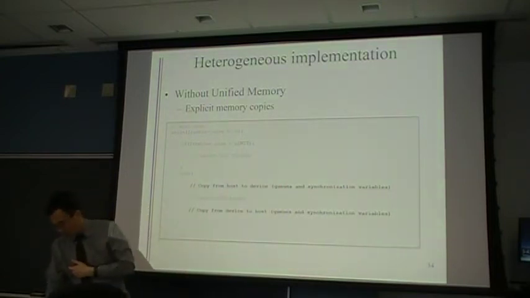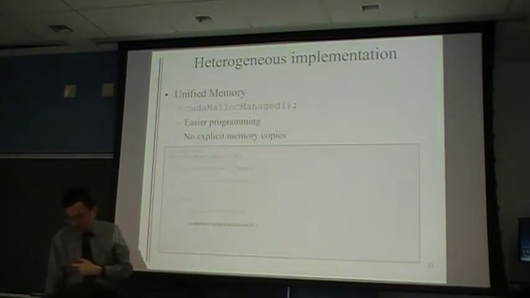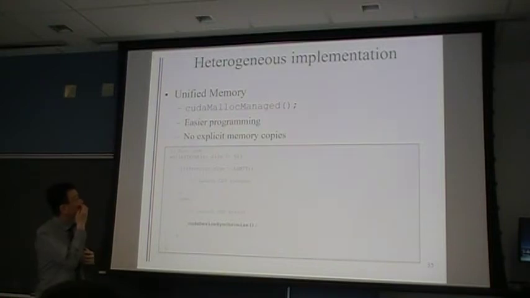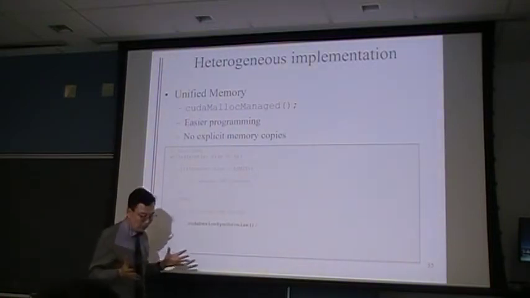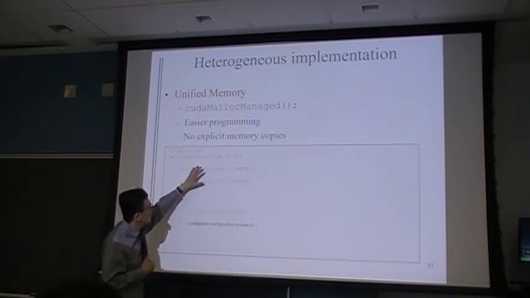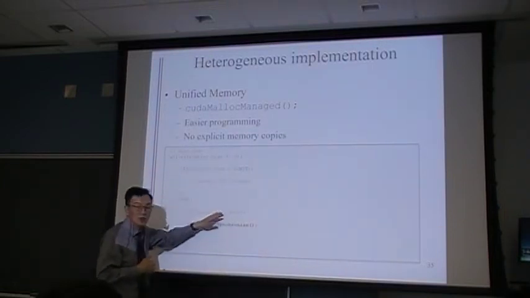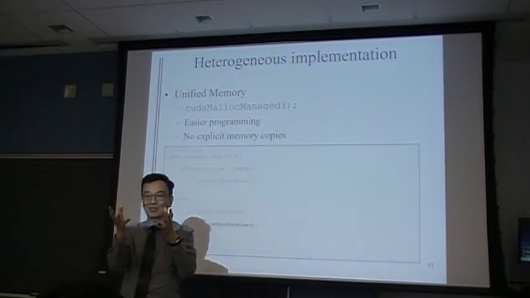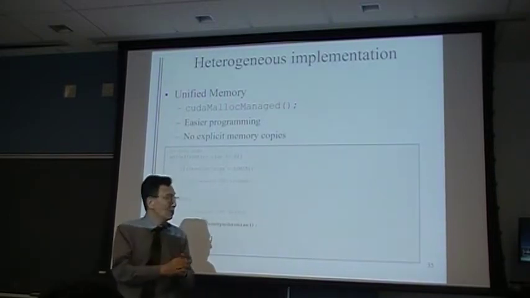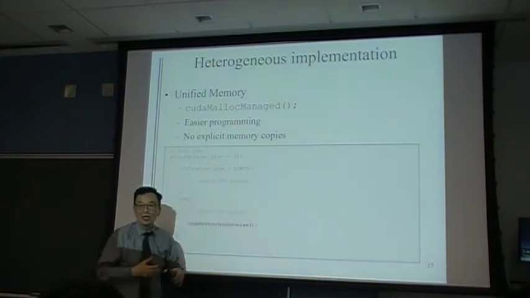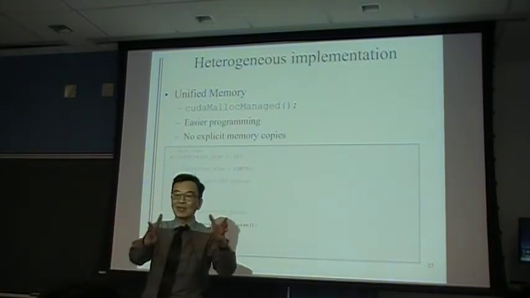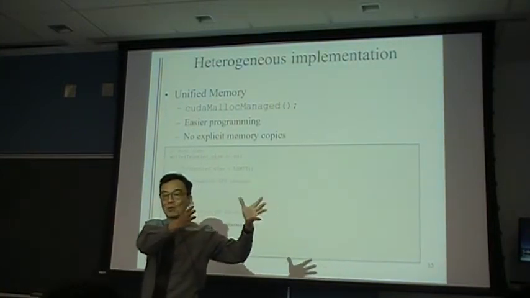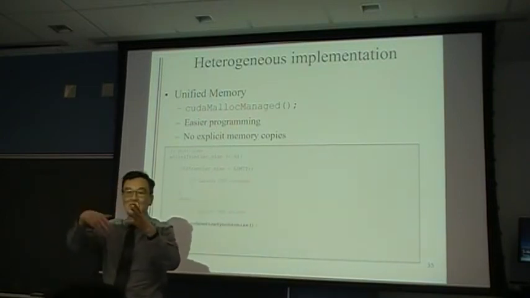Okay, and you can actually use unified memory. If you use unified memory, you can simply launch the CPU code or the GPU code on that same memory data object. When the GPU executes it, the unified memory manager will move the data as page faults happen on the GPU.